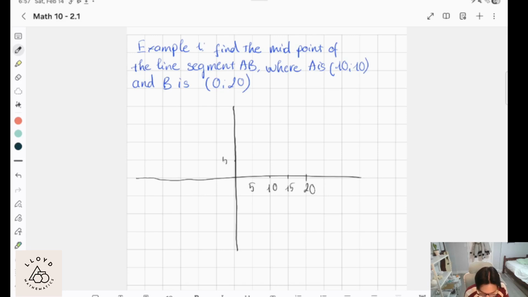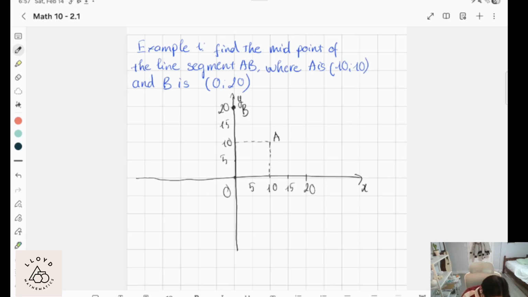It's 5, 10, 15, 20. Okay, here's 0, X. So how can we find that? The A, which is here, is the point A, and the B is this point.